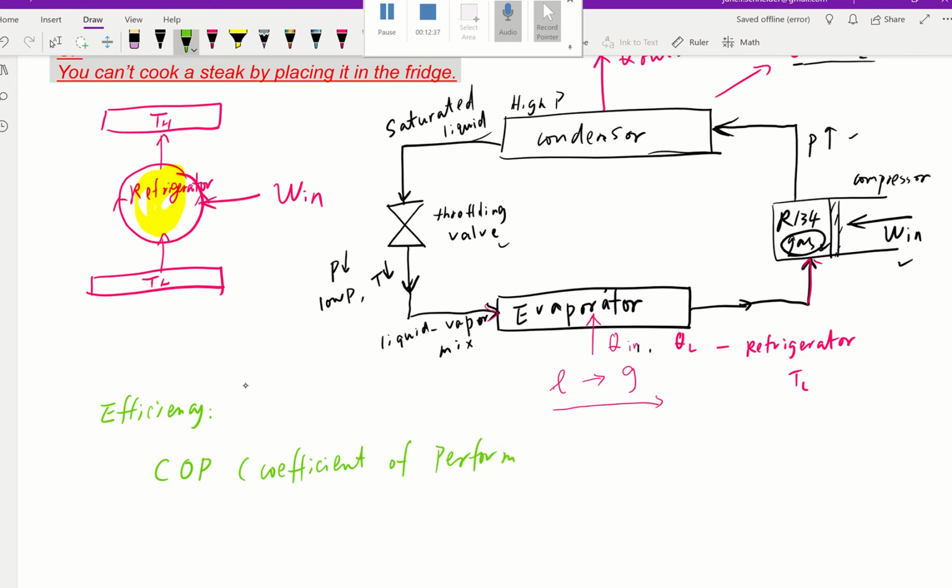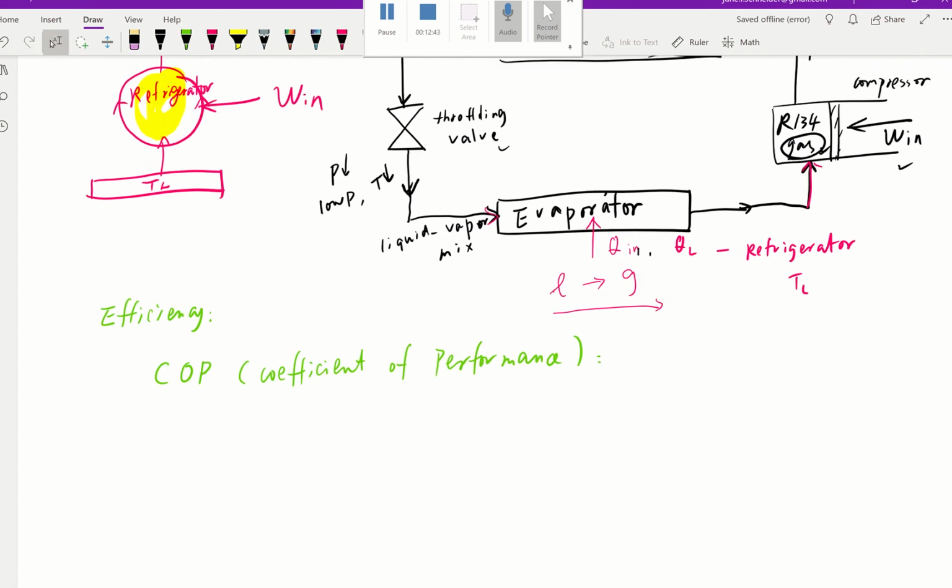This is used for refrigerator appliances. So COP subscript R means refrigerator. That's going to be, again, your desired output over required input.